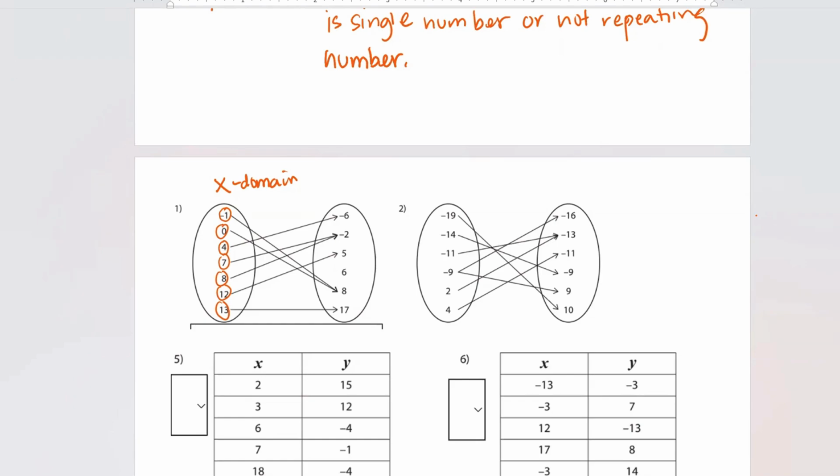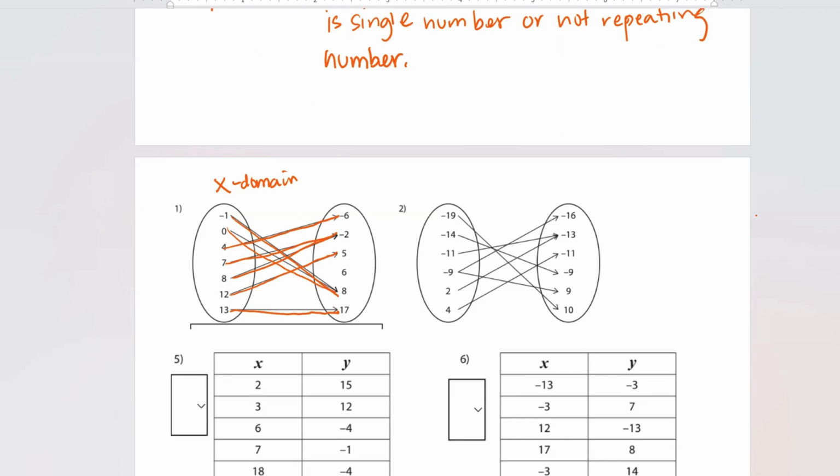So number 1 is a function, because in this mapping problem, each number of the domain has an individual line going to the range. That's the domain.